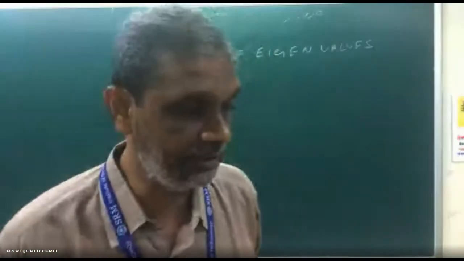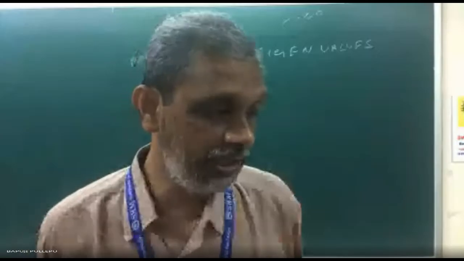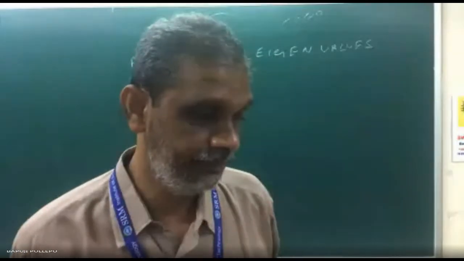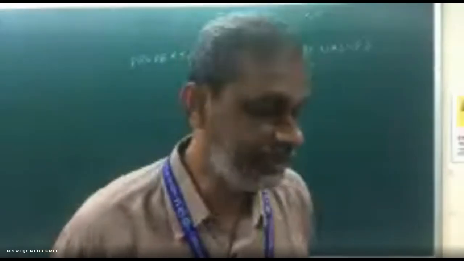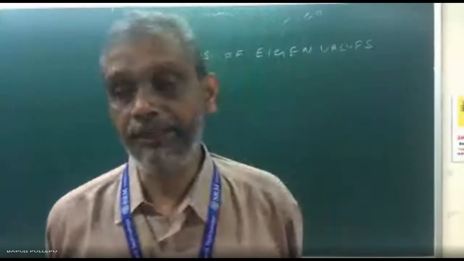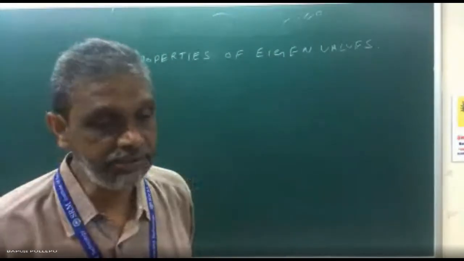What is the order of the characteristic equation? N. How many roots will I get? N. Suppose it is 3 by 3, then 3 roots, 3 eigenvalues. It should be a square matrix only, no doubt. From this we frame the equation and we can solve.